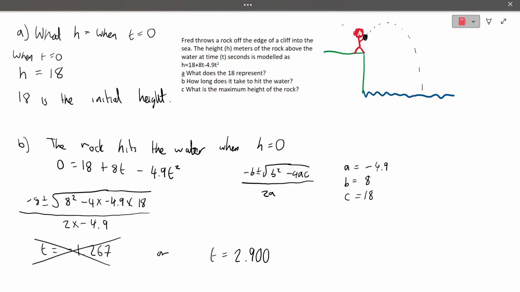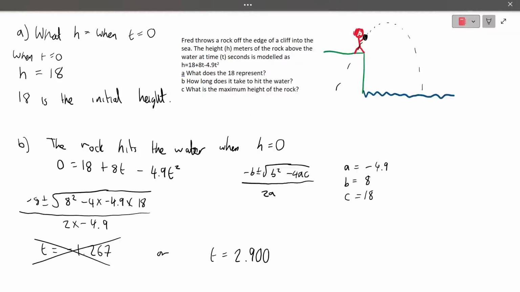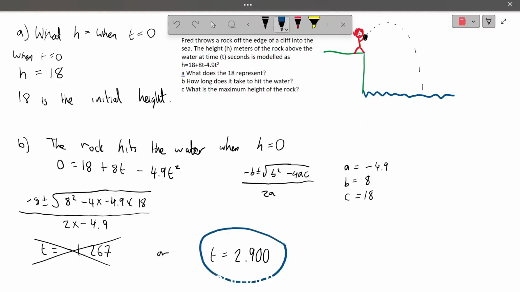What this is really working out is assuming that the rock goes backwards through time, back through the cliff before it's been thrown, but the calculator doesn't know that. So that is part B done, where our time is 2.900 seconds.